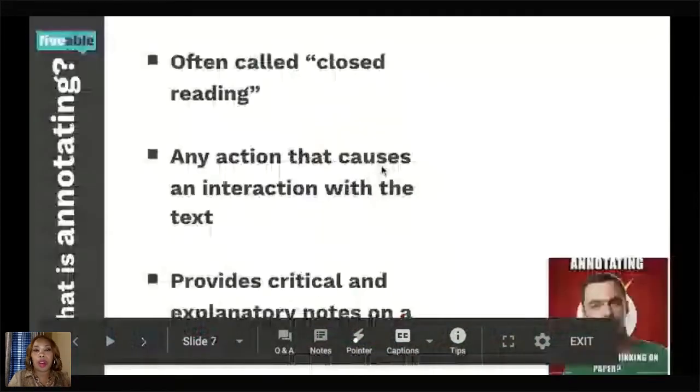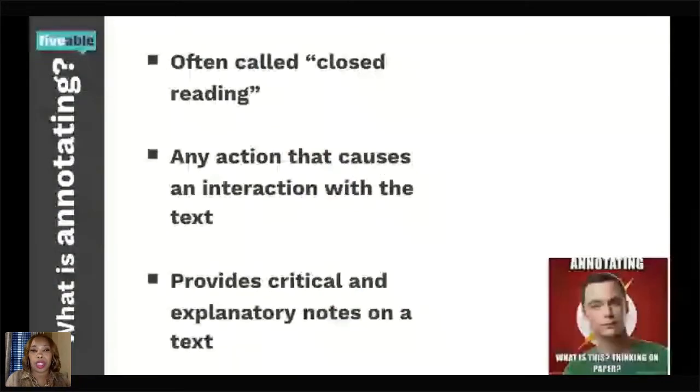If you've heard close reading, that's a term that teachers use often in the classroom. We're going to close read this passage or close read this poem. That's used synonymously with annotating. It's any action that causes an interaction with the text, whether it's drawing, writing on the text, or highlighting.